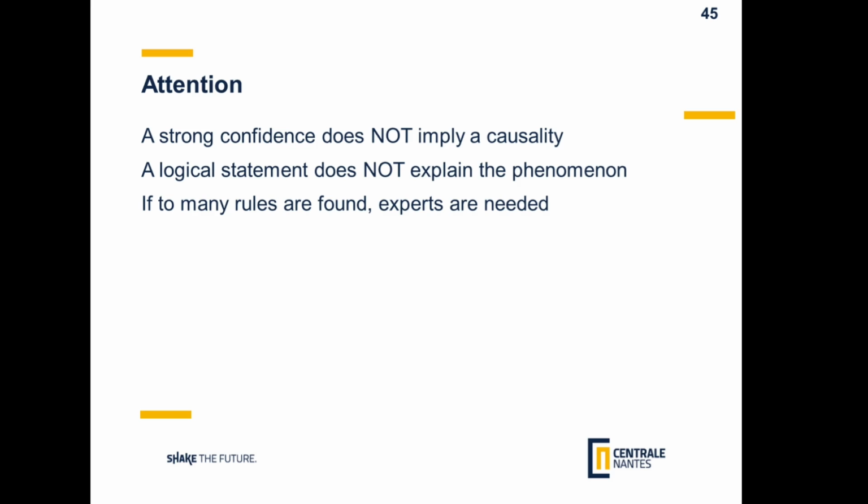So it is not because you have bought diapers that you will have to buy beer. It is not a causality, but it's something that you observe at the same time. So be careful on how you use this rule to make decisions.